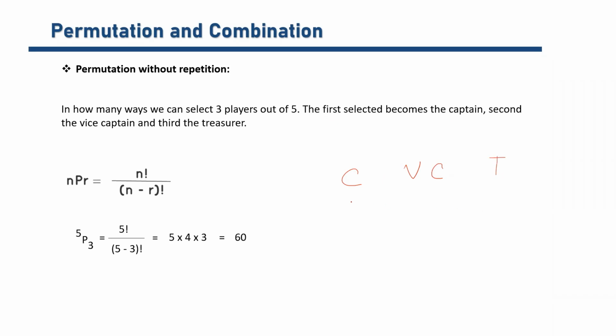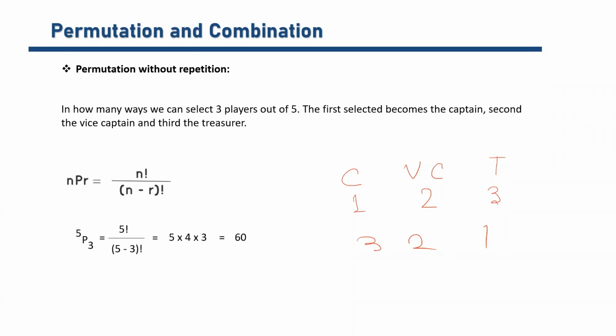If you select person 1 as captain, 2 as vice captain, and 3 as treasurer, and if you change this to 3, 2, 1, the entire combination changes, right? So this is permutation without repetition.